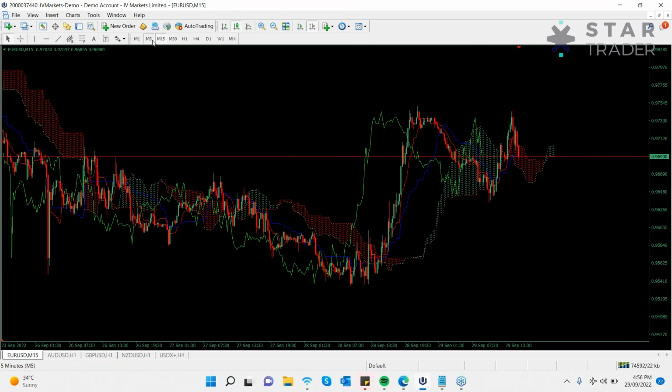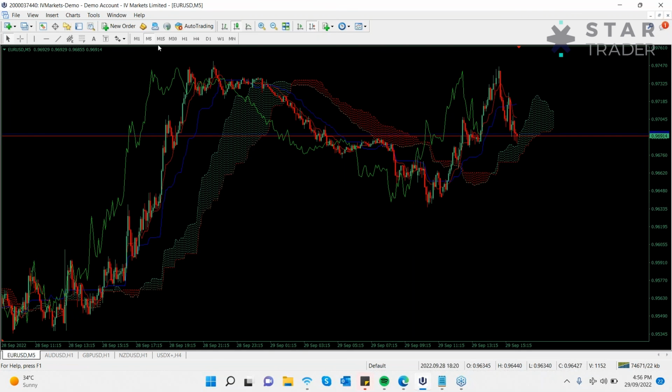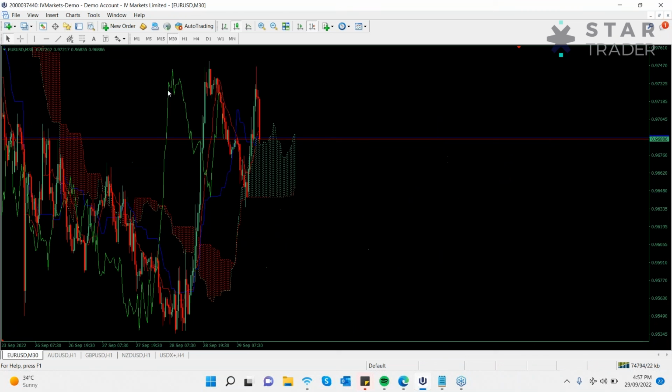So here are the time frames. As you can see, M5 works the same, because you will see multiple crossovers and multiple cloud changes. Why? Because in the smaller time frame, you can enter the market for a very short period of time, so it depends on your strategy and your entries.